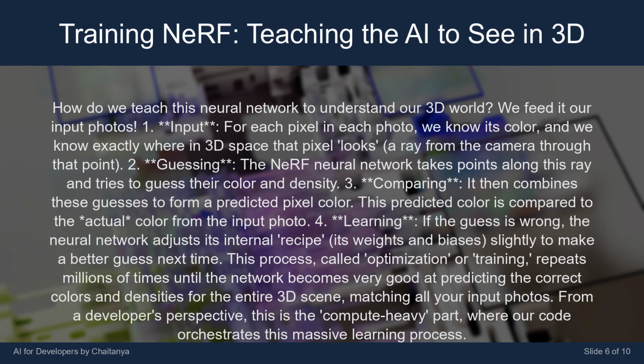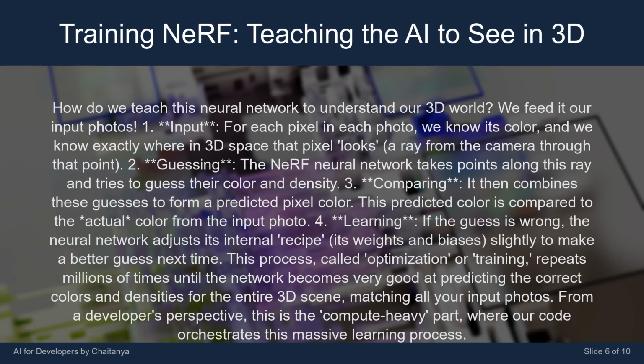Comparing. It then combines these guesses to form a predicted pixel color. This predicted color is compared to the actual color from the input photo. 4. Learning. If the guess is wrong, the neural network adjusts its internal recipe, its weights and biases, slightly to make a better guess next time.